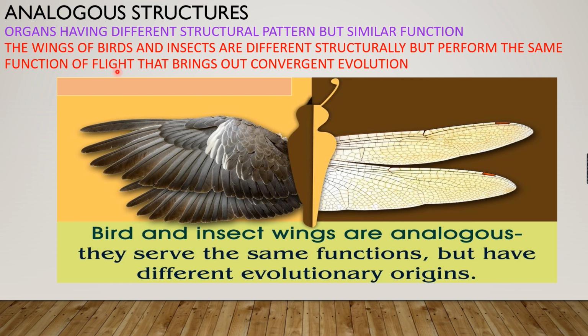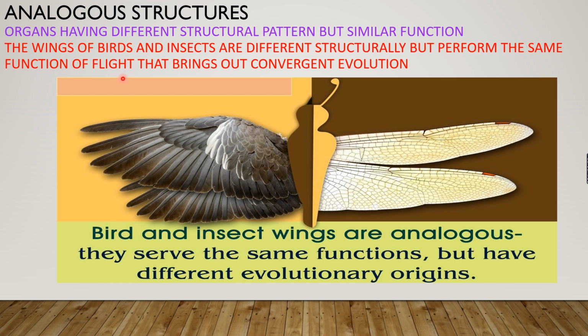For example, the wings of birds and wings of insects. This is the wing of a bird and this is the wing of an insect like a butterfly. Structurally they are different. In the bird, the bones are surrounded by feathers, and here only membranous wings are there. But what function do they perform? Both bring out the function of flight.